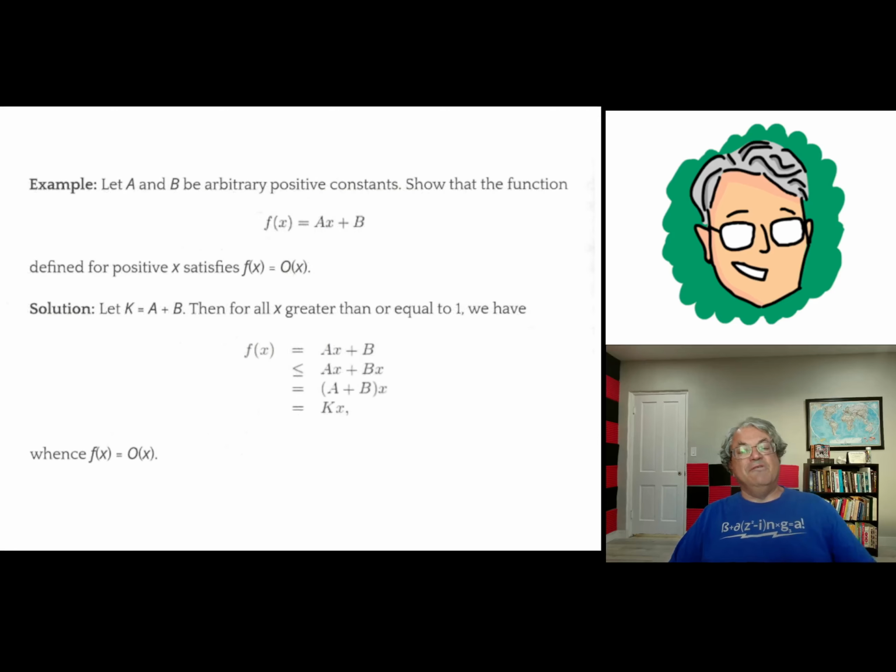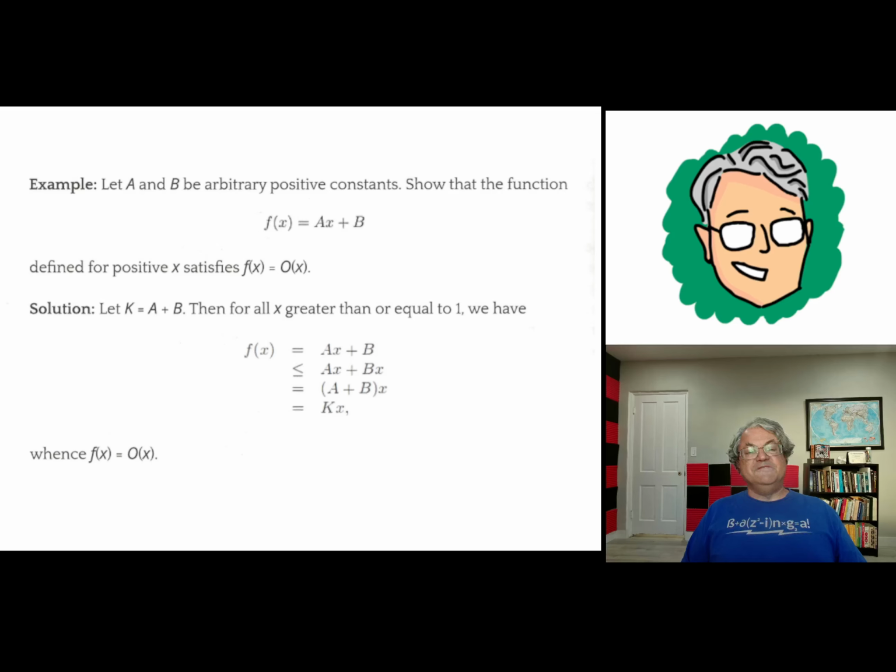Now I'll do a little bit harder ones. What about a more general linear function like f of x equals ax plus b? This is a general equation of a straight line, a function whose graph looks like a straight line as long as it's not vertical. A vertical line is not a function, but every other linear function looks like this, ax plus b.